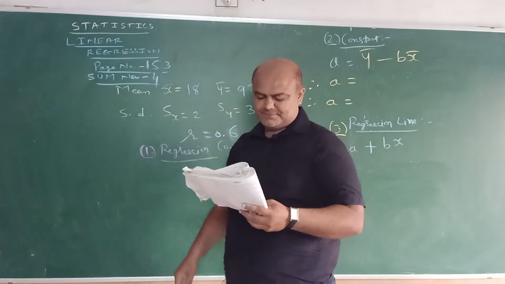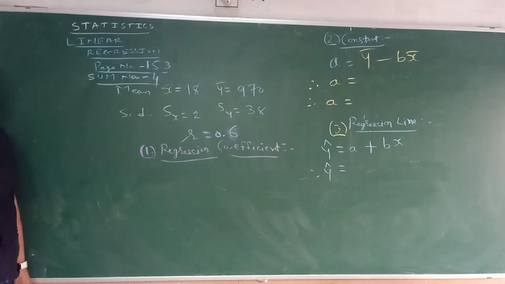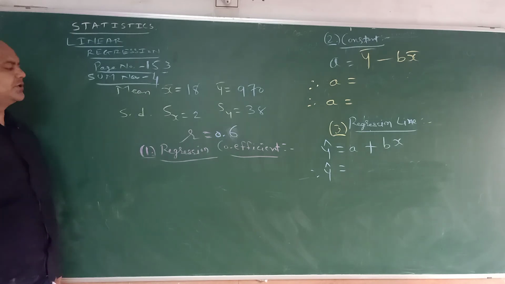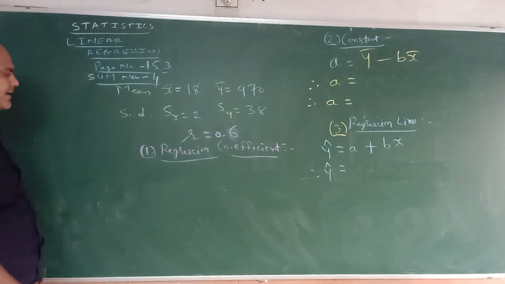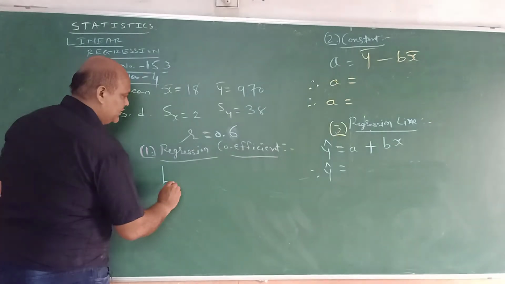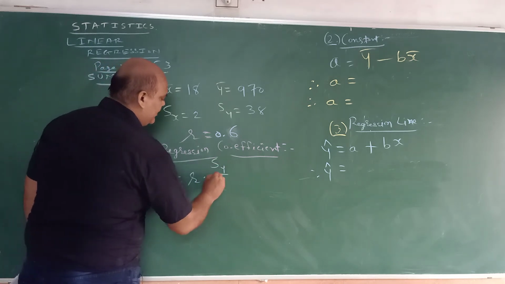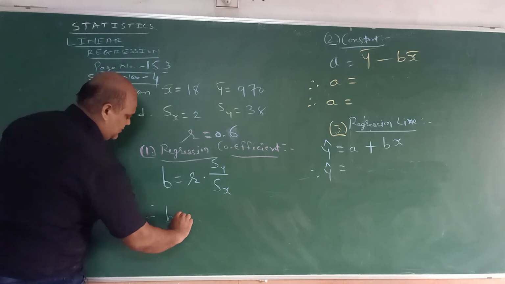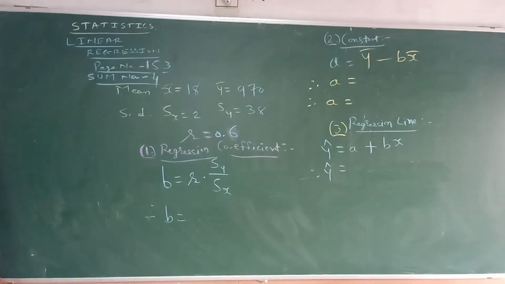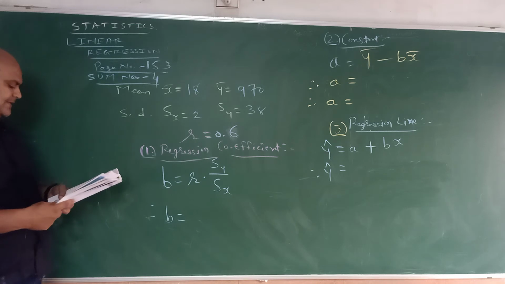Let's take the sum. First step, regression coefficient. Whenever we want to find the regression coefficient and correlation coefficient R is provided, the formula for regression coefficient is B is equal to R into Sy upon Sx. We put the values into the formula. B is equal to R into Sy upon Sx.